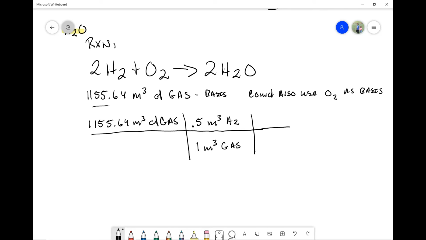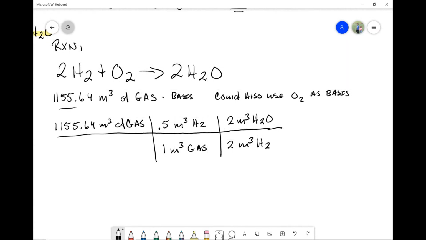And by stoichiometry, there are 2 cubic meters of H2 for every 2 cubic meters of H2O. And so this is going to cancel. So it's 1155.64 times 0.5, and I got 577.81 cubic meters.